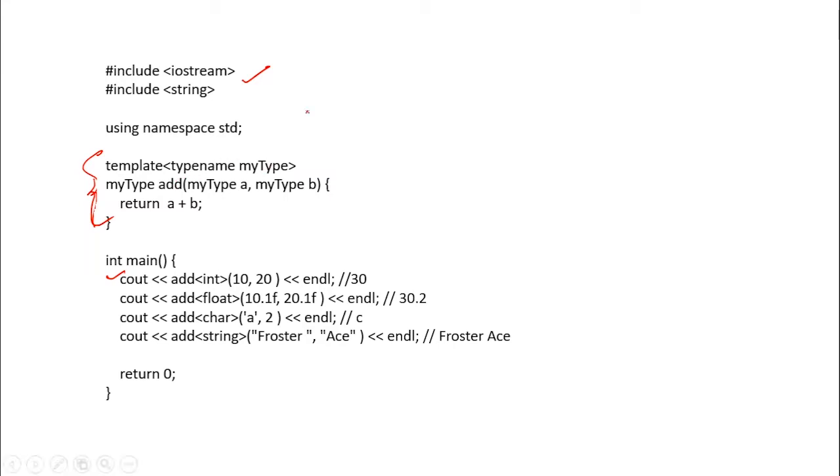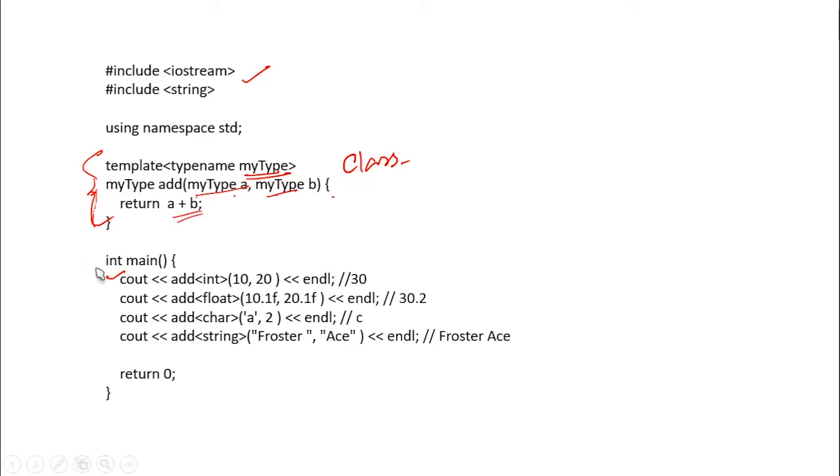Then you can use typename or class, whatever you like, and then define the placeholder. In this case, my placeholder is my type, and I have defined a function called add that will return a variable of my type taking input of two variables of my type, that is a and b, and all it does is add the two variables.